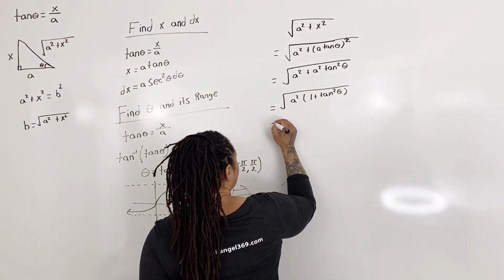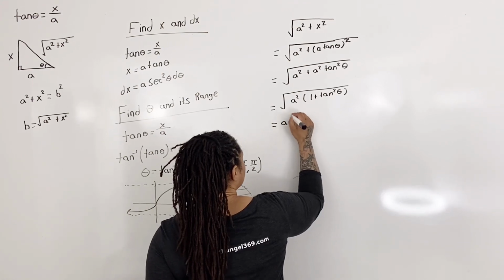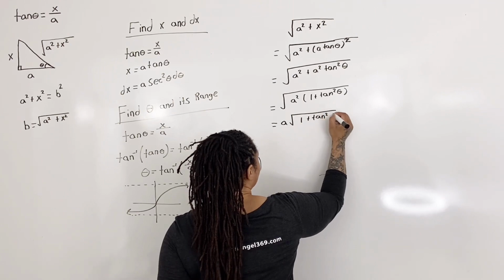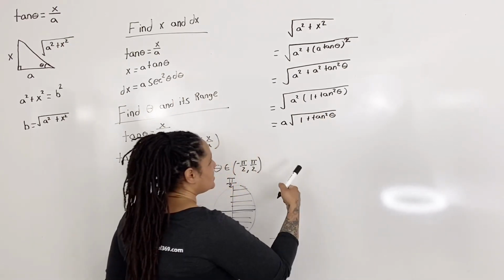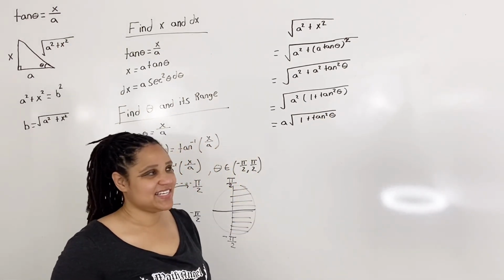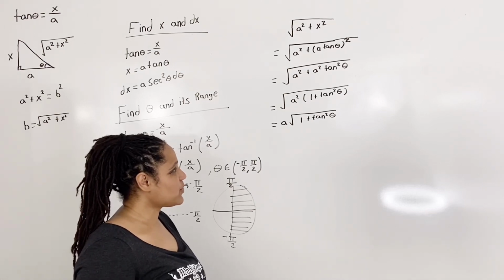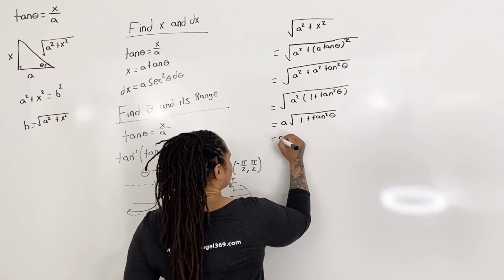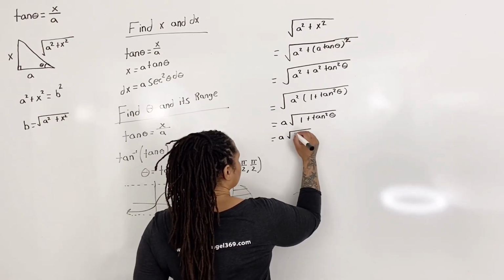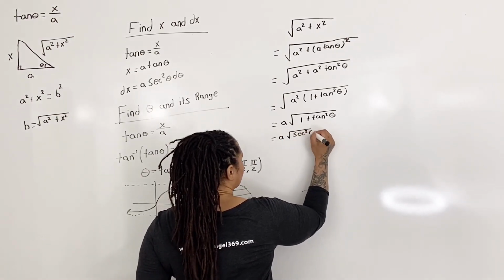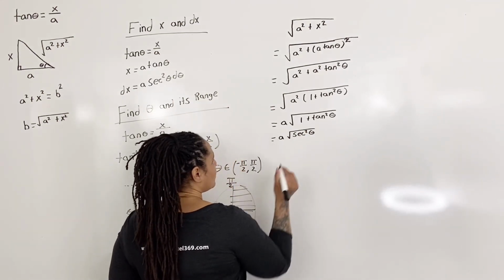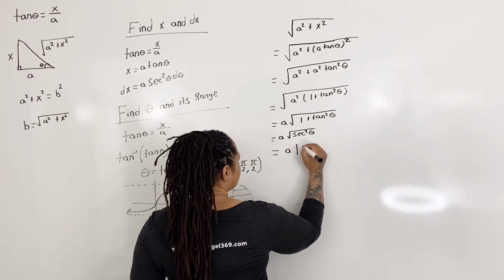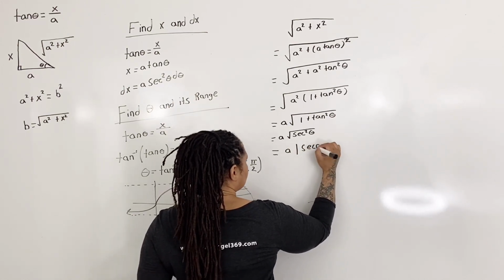So that becomes a times the square root of 1 plus tan squared theta. And we know by the Pythagorean identity that 1 plus tan squared theta is equal to secant squared theta. So this is equal to a times the square root of secant squared theta, which means that this is equal to a times the absolute value of secant theta.